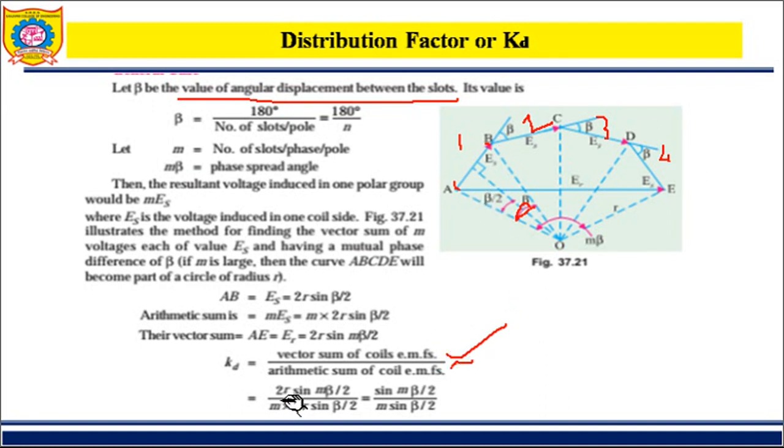From this figure we can design the formula: Kd equals sine of m beta by 2 divided by m into sine of beta by 2.